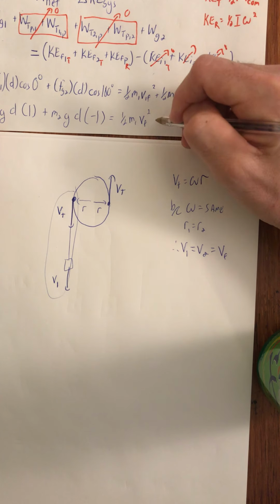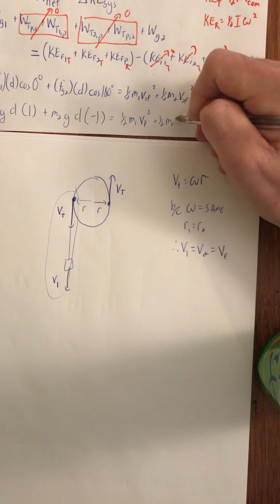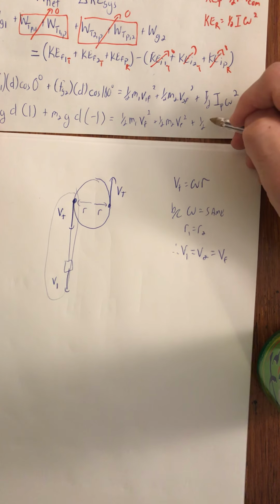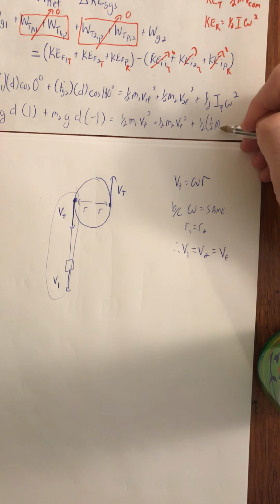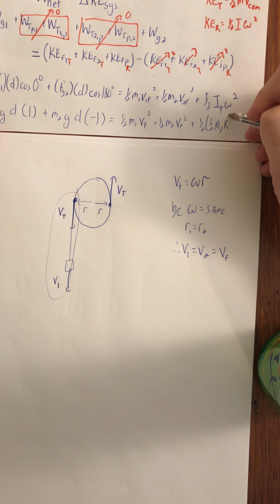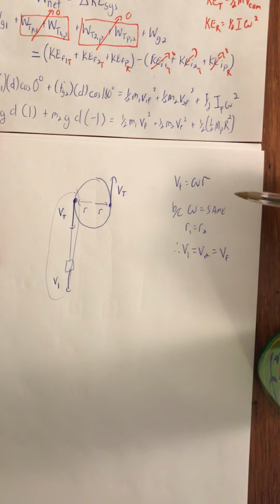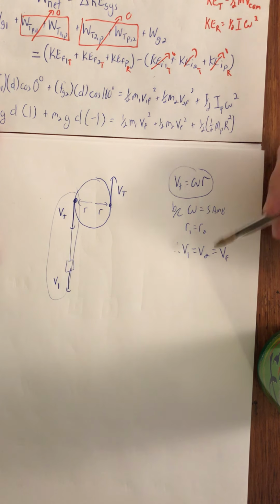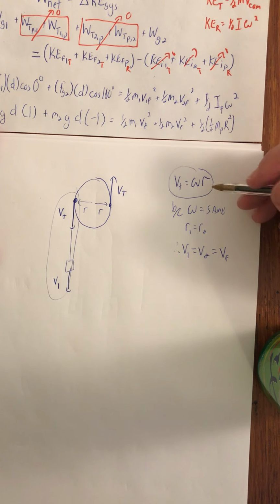So v final squared plus 1/2 m2 v final squared plus 1/2, we know the pulley's I here is 1/2 m of the pulley R squared, times omega squared. And what's omega? Looking here, I can put that in terms of either v1 or v2, because I know that r1 is equal to just capital R here.